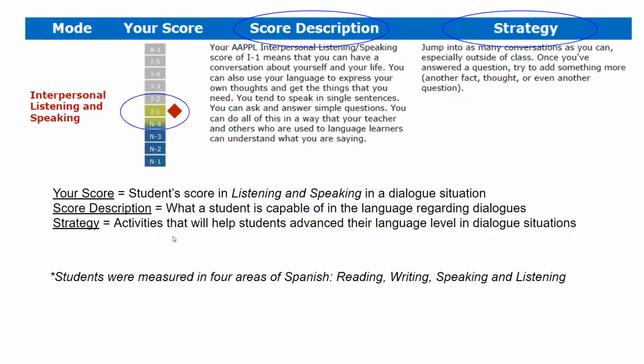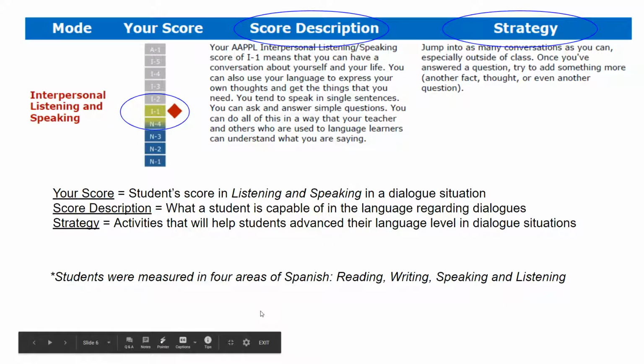So you can see that the report gives us information in 3 areas: the student score, a description of what the student can do, and a strategy for advancing to the next level. Our students are assessed in the 4 language domains: reading, writing, speaking, and listening.